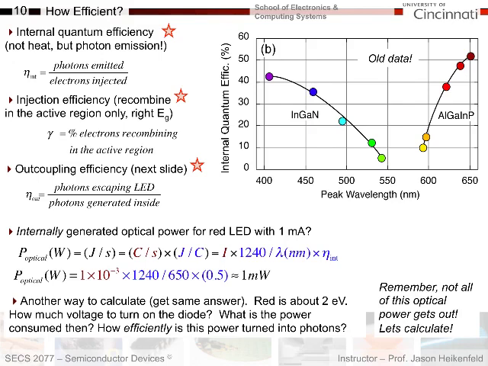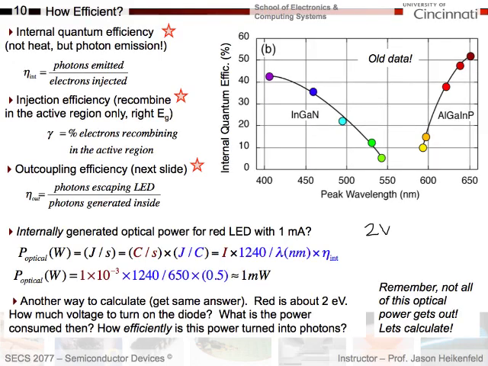Another way to calculate this answer and get the same answer is pretty simple. Let's say I've got red light emission, which is at 2 electron volts. How much voltage does it take to turn on the diode? Well, it's going to take at least 2 volts to turn the diode on, right? How much power is consumed then if I've got 1 milliamp and 2 volts? Well, that's easy. I've got 2 volts times 1 milliamp, which equals 2 milliwatts, right?